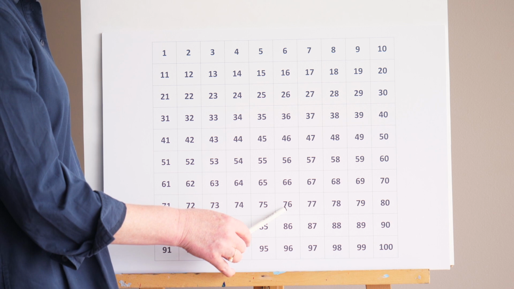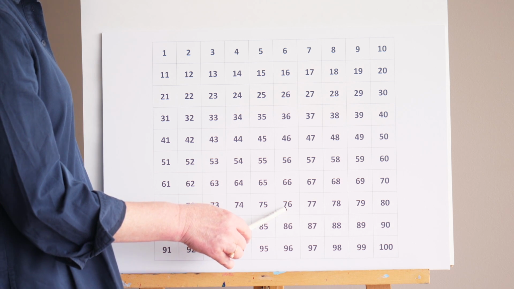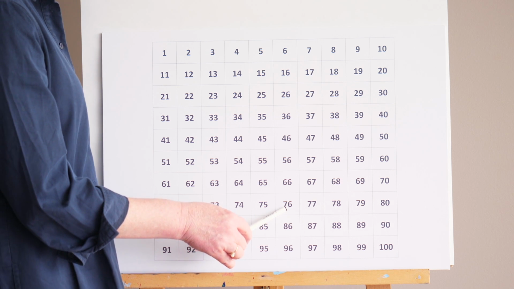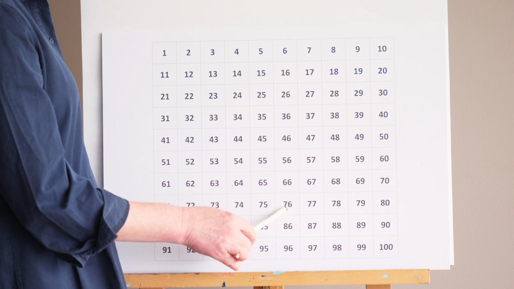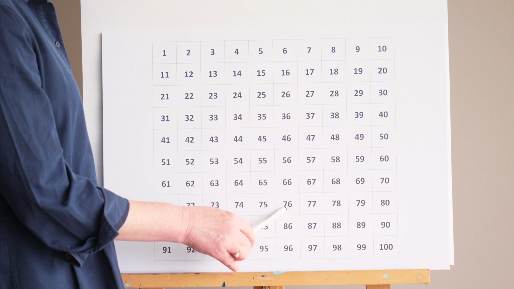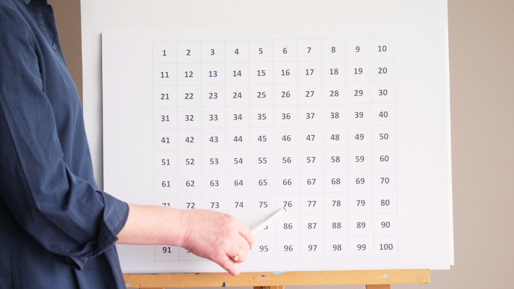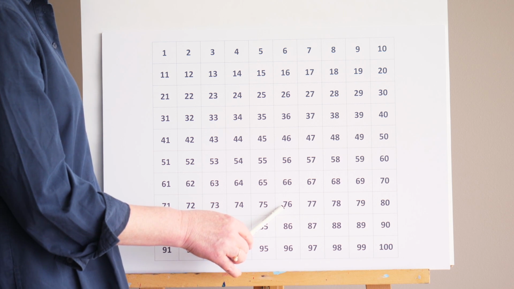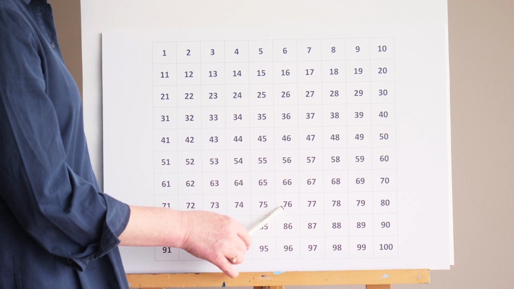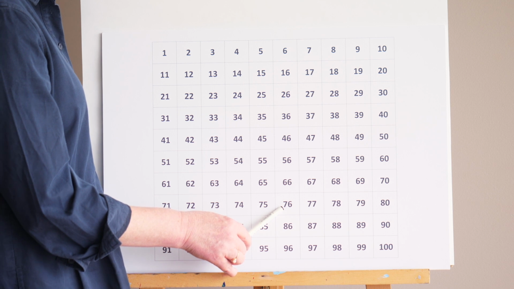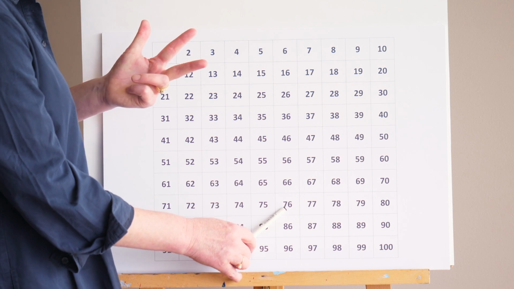76. Okay, now let's jump back, subtract 3 tens. We're going to take 3 tens away from 76. So we're going to go backwards by tens, 3 lots of tens.